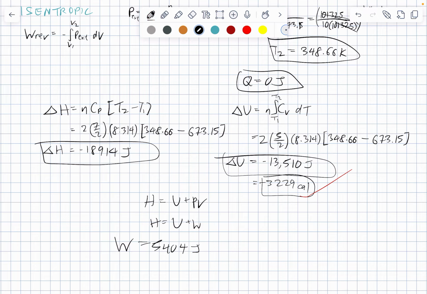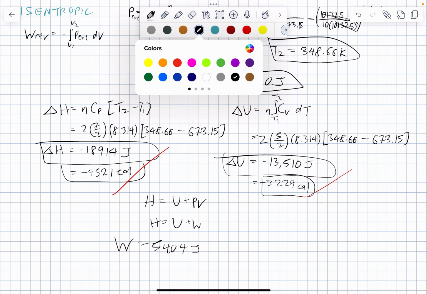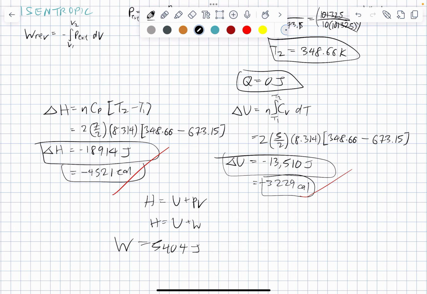For delta H, how about for delta H? Negative 4521. In the answer key, it's 4513. It's pretty far, but it's still approximate. Reasonably okay.